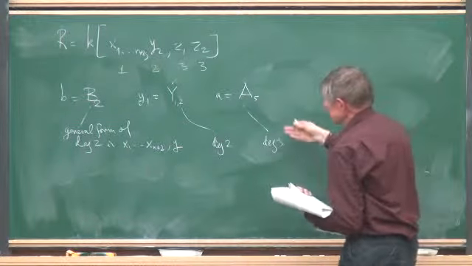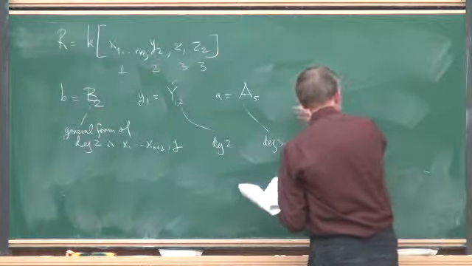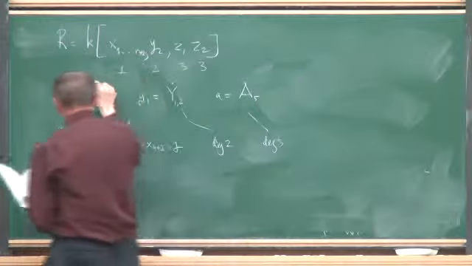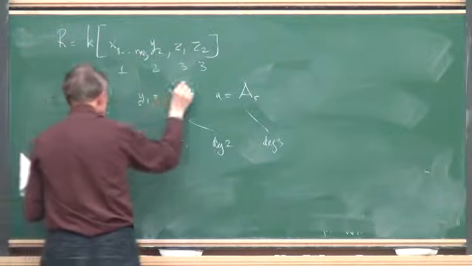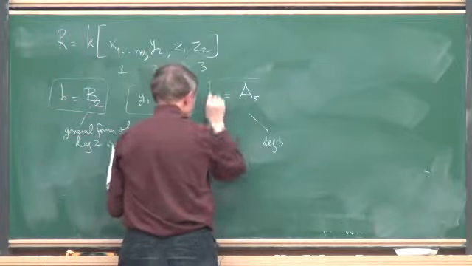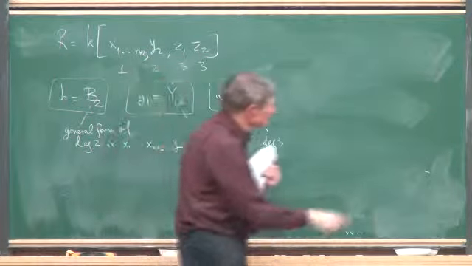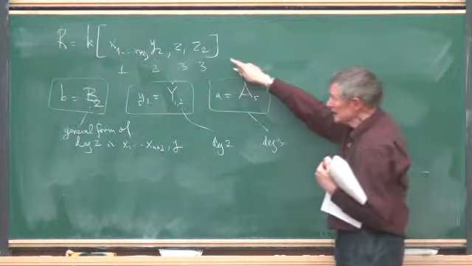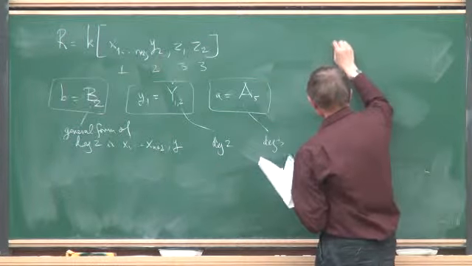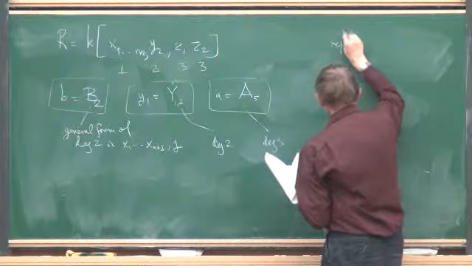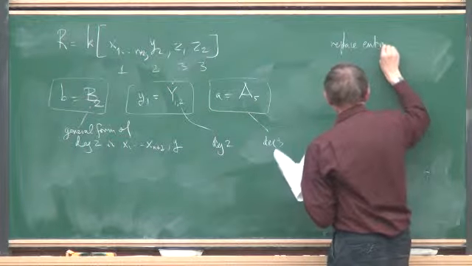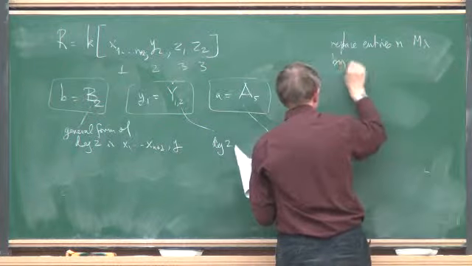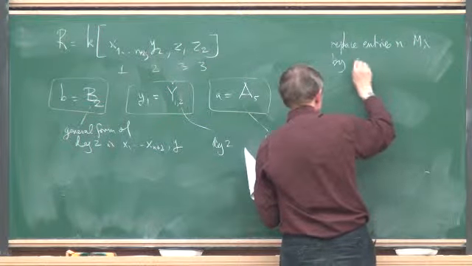Right, then these substitutions here is just replacing the entries in this matrix with anything I like. In other words, replace the entries in M lambda by general elements.